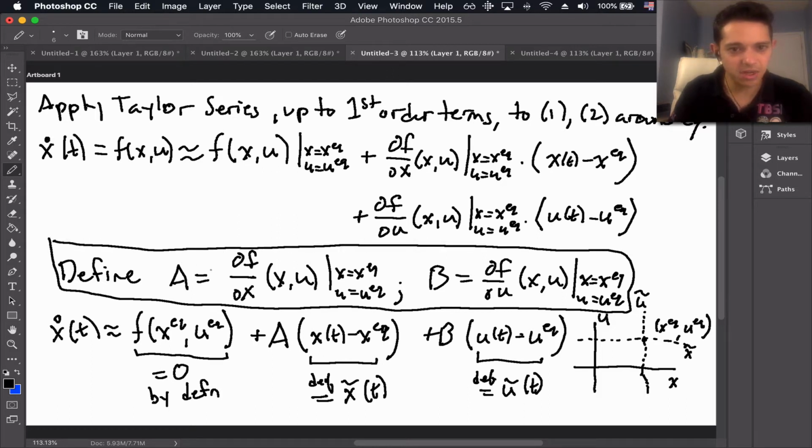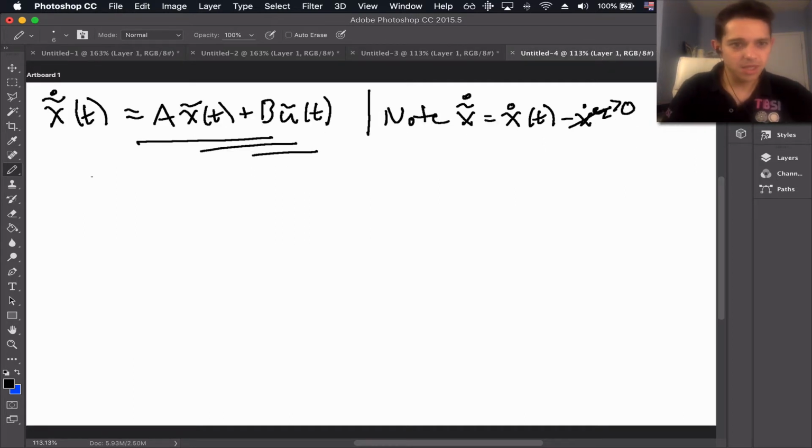Specifically, A and B are the Jacobians of f with respect to x and u, respectively, evaluated at the equilibrium points. So linearizing, ultimately at the end of the day, is just a matter of differentiating f and evaluating at the equilibrium point that you're linearizing about. It is that simple.